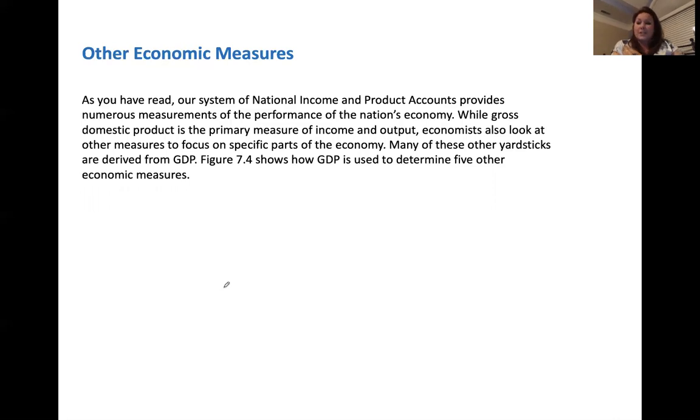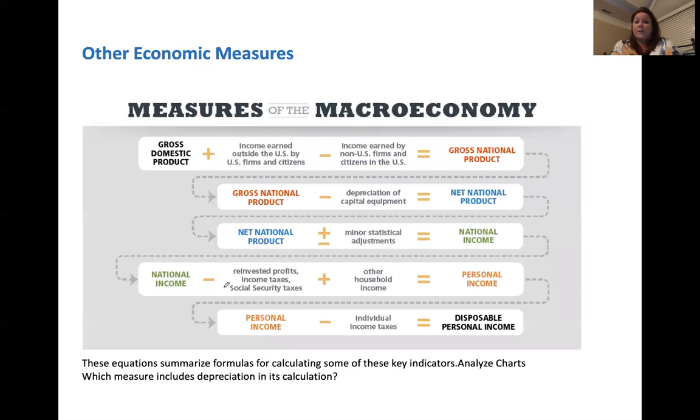Most of these yardsticks, though, are derived from GDP. And so we're going to look at 5 other indicators that all come from GDP: gross national product, net national product, national income, personal income, and disposable personal income.